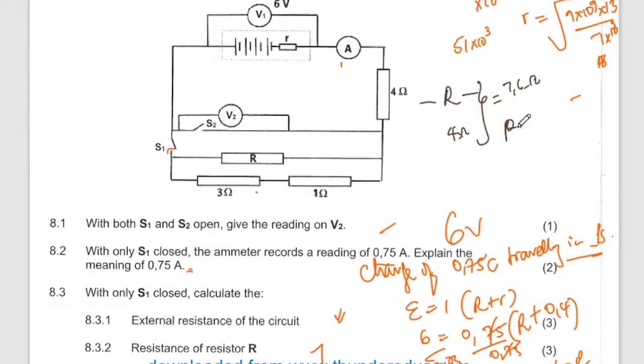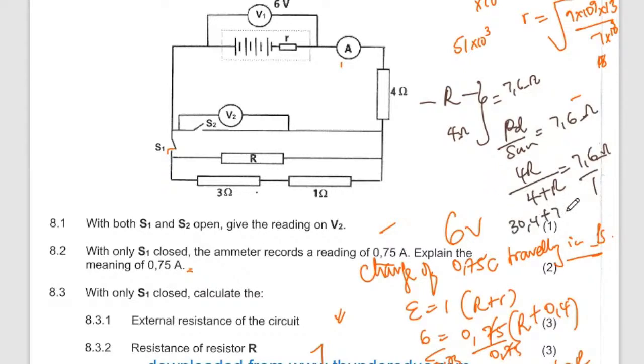So 4R over 4 plus R gives us 7.6 ohms. If I cross multiply, 7.6 times 4, I'm getting 30.4 plus 7.6R must give us 4R.